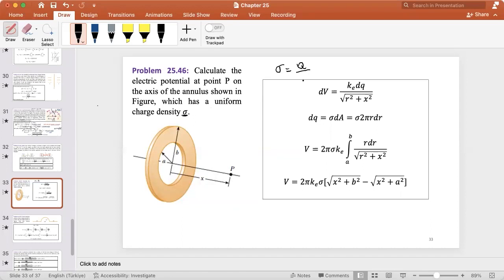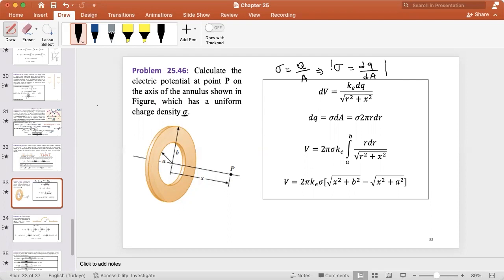What's the sigma? Sigma gives surface charge density. Or even we can write sigma equals dq over dA. I wrote that information here.